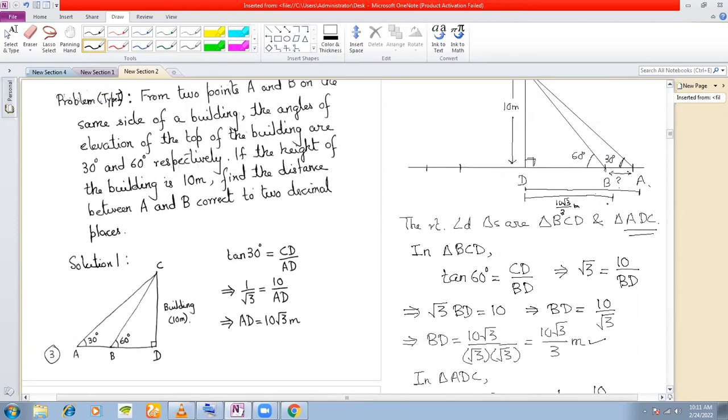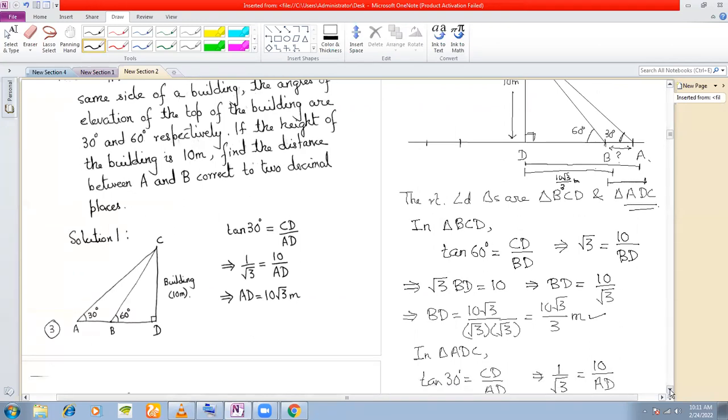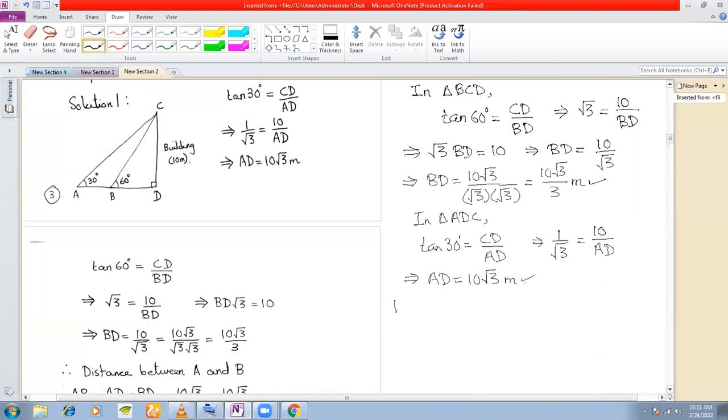So what should be this length? If we subtract the 2, we are going to get this length. So hence AB is equal to AD minus BD. What is the value of AD we have found above? 10 root 3.